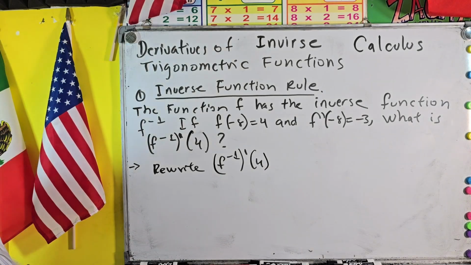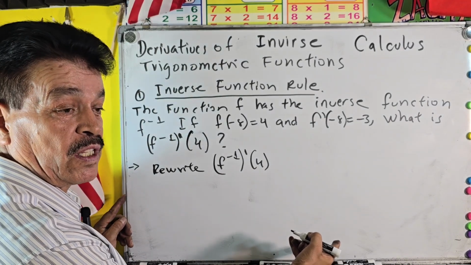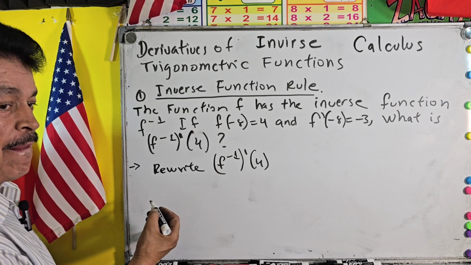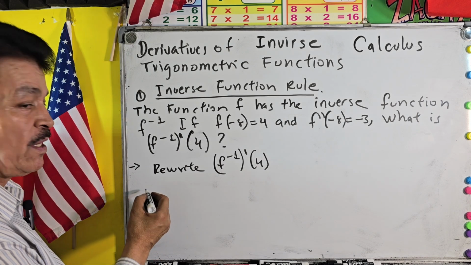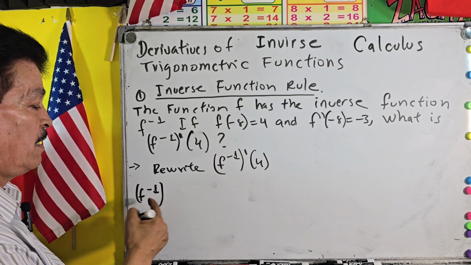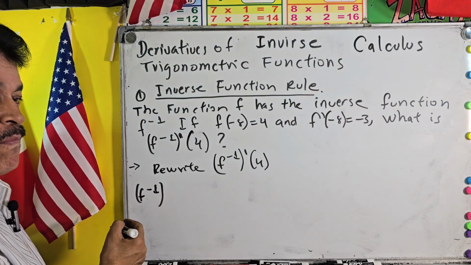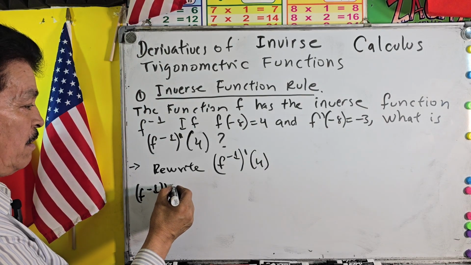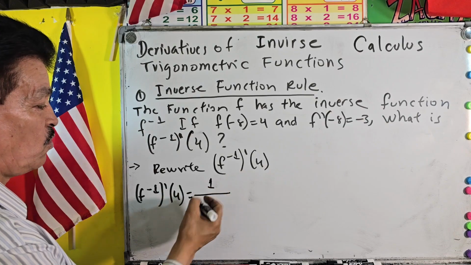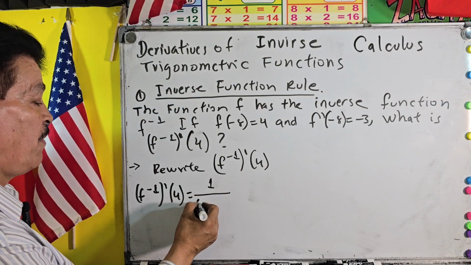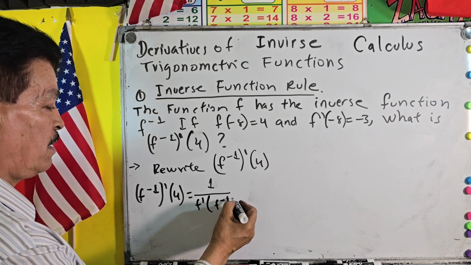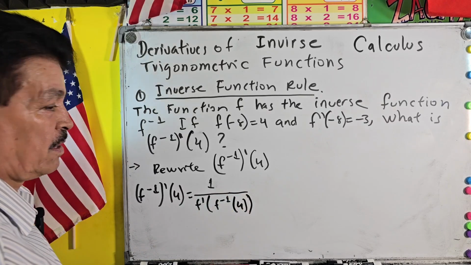Using the formula for the derivative of the inverse function that I gave you, we write it this way: f to the -1 prime of 4 equals 1 over f prime of f to the -1 of 4.